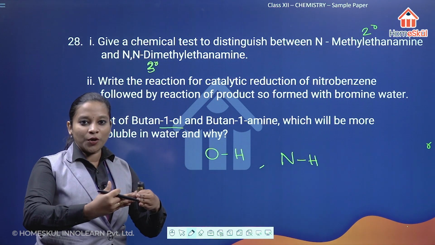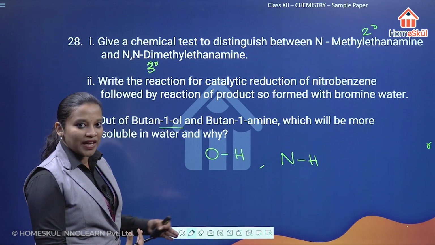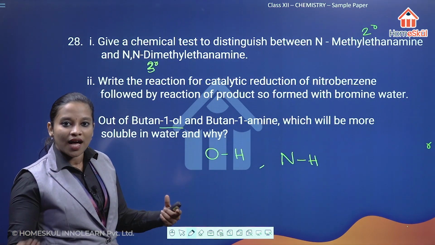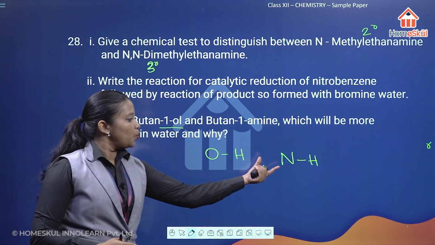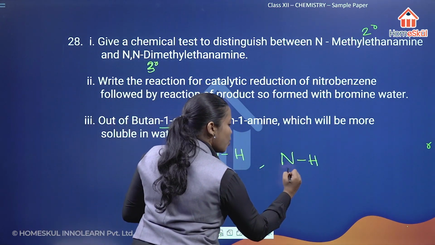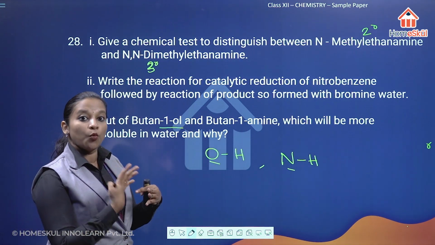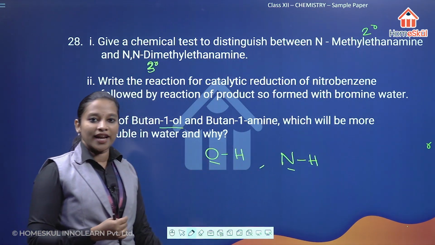We know that a hydrogen bond is the attractive interaction between an electronegative atom and hydrogen. So here, which one is more electronegative? Oxygen is more electronegative than nitrogen. So the OH bond will be more polar in comparison with the NH.